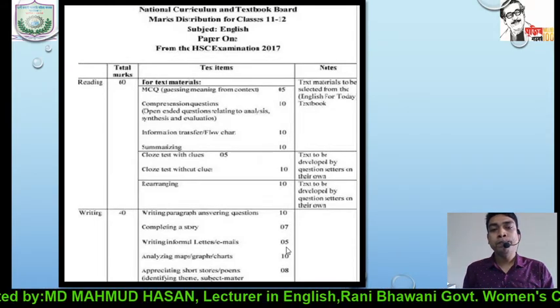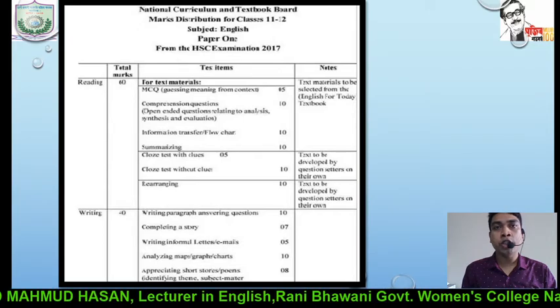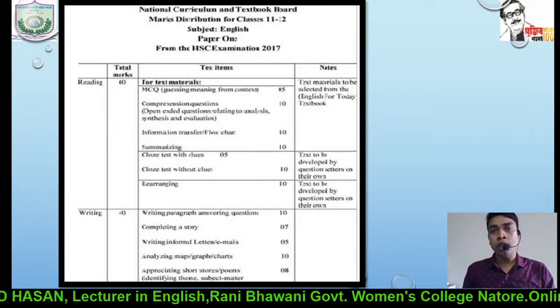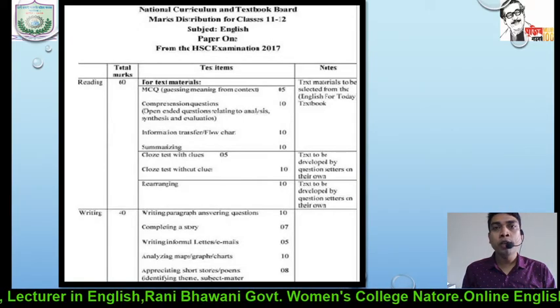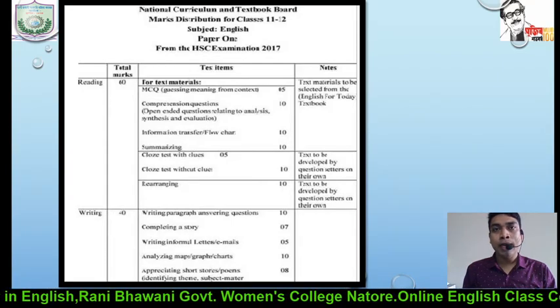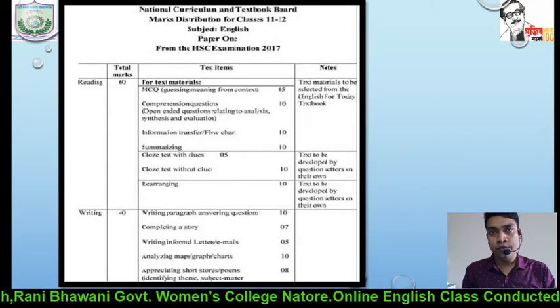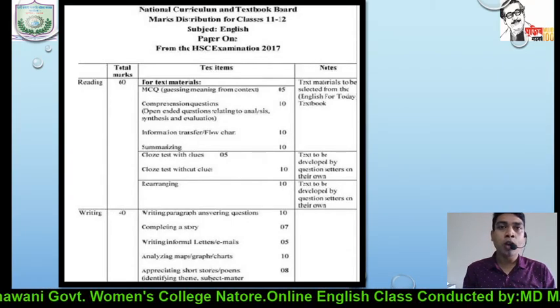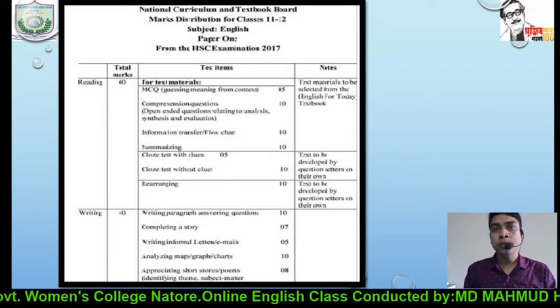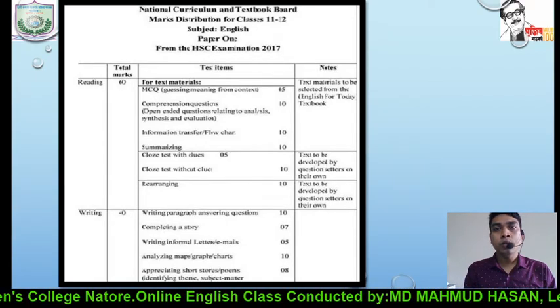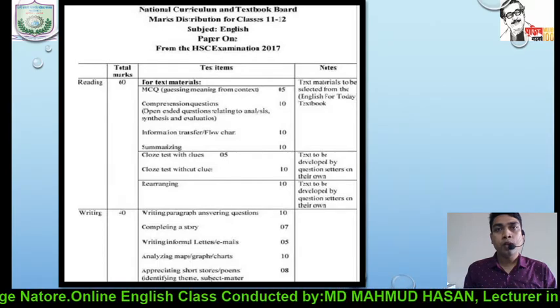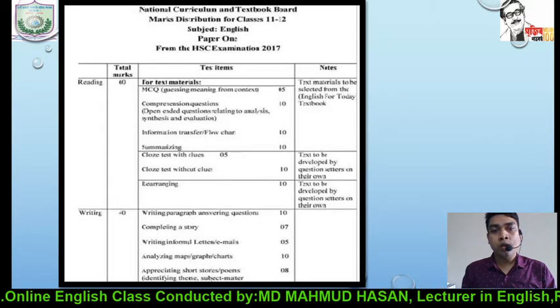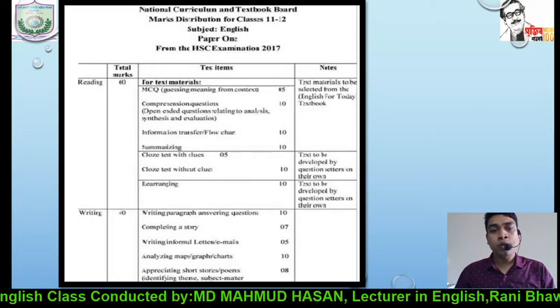Then analyzing maps, graphs or charts. In the exam, you will be given a graph and there will be some information. As per the graph or as per the information, you need to write a graph or chart description.